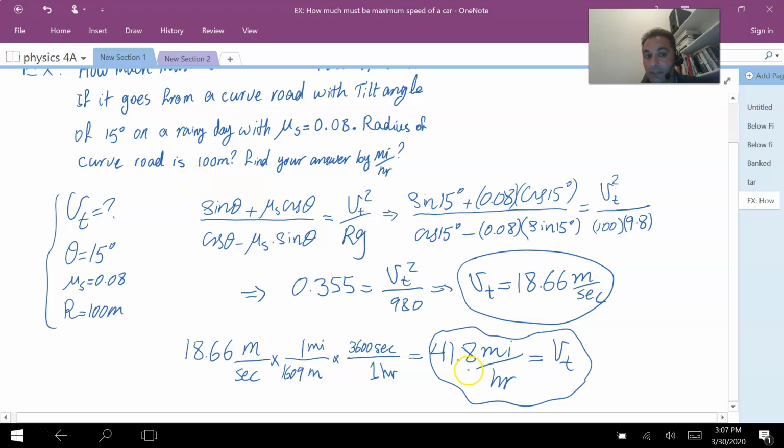It has to be smaller than this. More radius, it's safer. So the curves that are more open, of course, it's easier to take them than the curves that are very curved. Make sense?